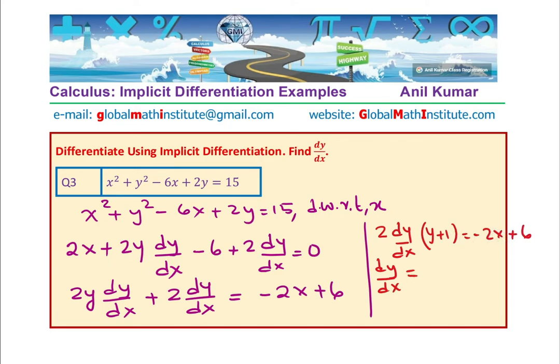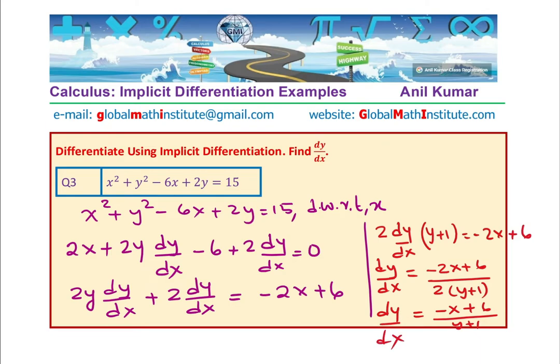Dividing both sides by 2, we get minus 2x plus 6 over 2 times y plus 1. Clear, right? So the 2 and 2 cancel, so we get minus x plus 6 over y plus 1. So that becomes our answer for dy/dx.